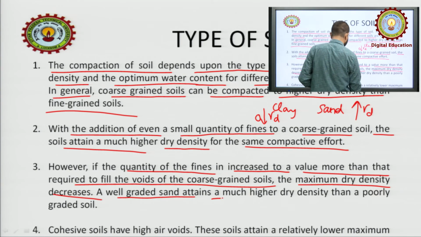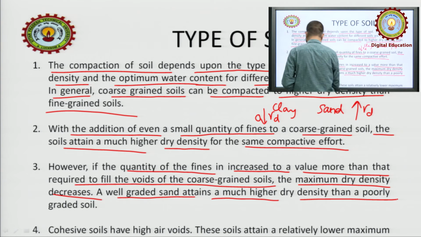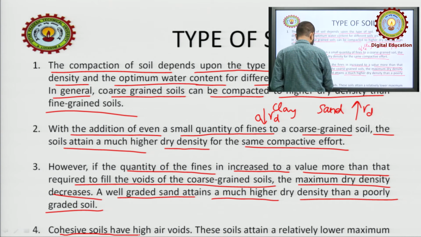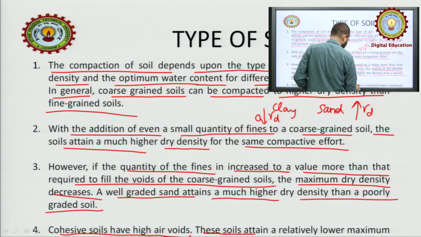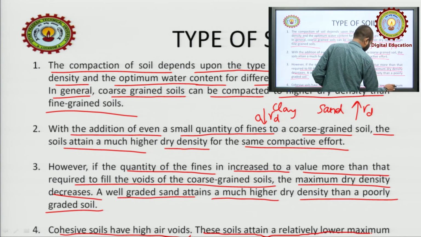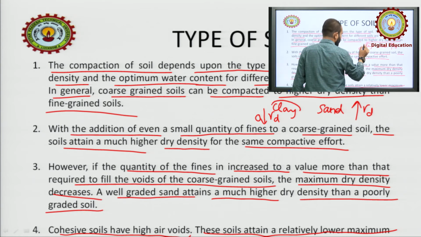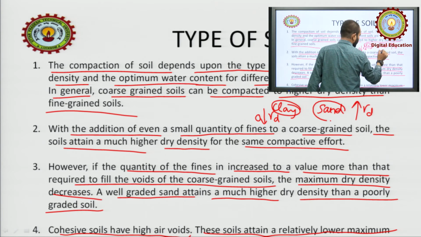A well graded sand attains a much higher dry density than a poorly graded sand soil, as I showed you in the diagram. Cohesive soils have high air voids. These soils attain a relatively lower maximum dry density. Obviously, I told you that cohesive soil will have lesser and this will have higher.